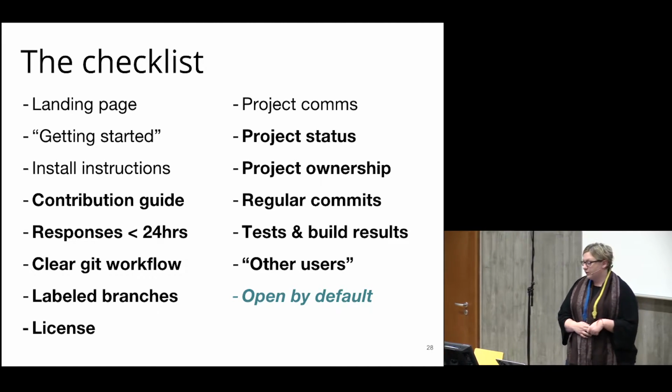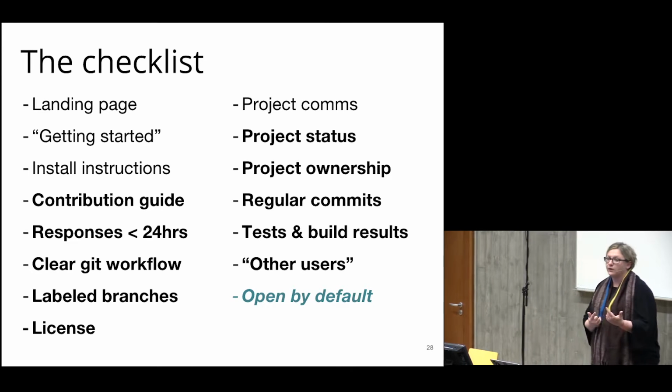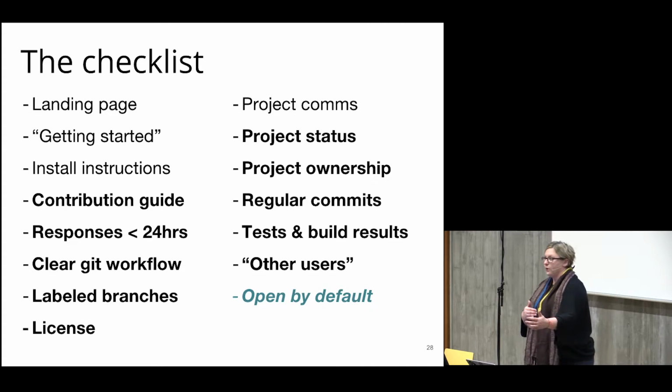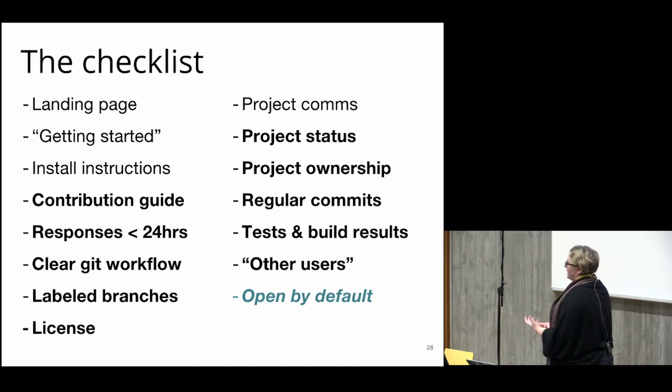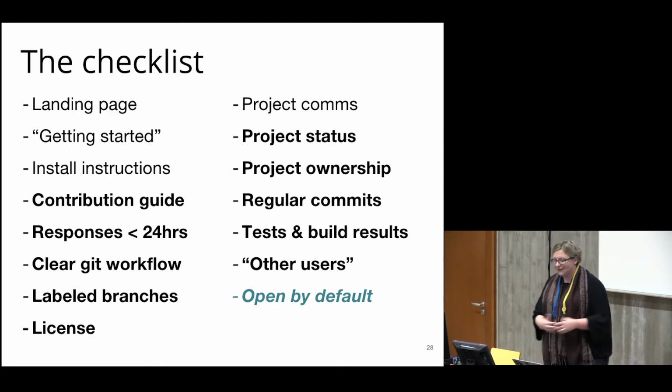Contribution guide, how do people give back? Responses in less than 24 hours, that actually came from a study on Mozilla ticket data and engagement rates that said there was significantly more engagement when you respond to a request or ticket in less than 24 hours. Obviously, that doesn't happen all the time, but try.